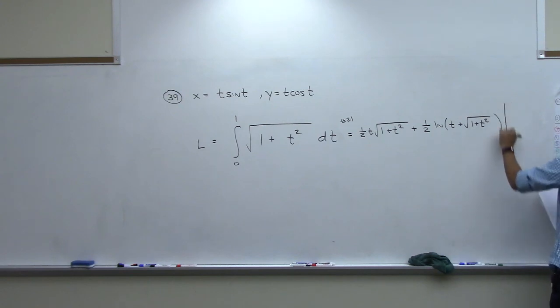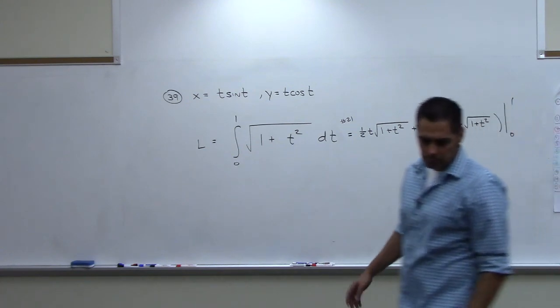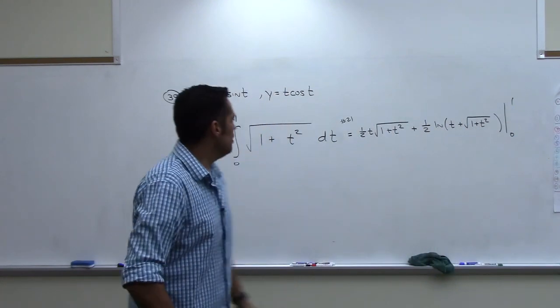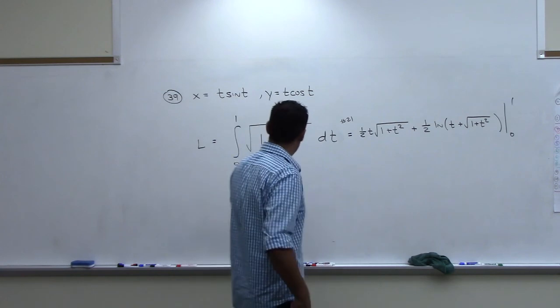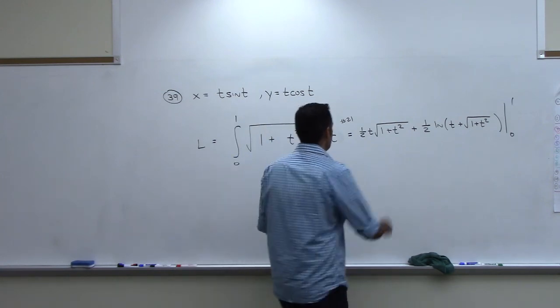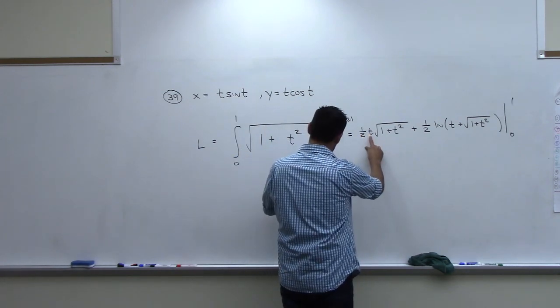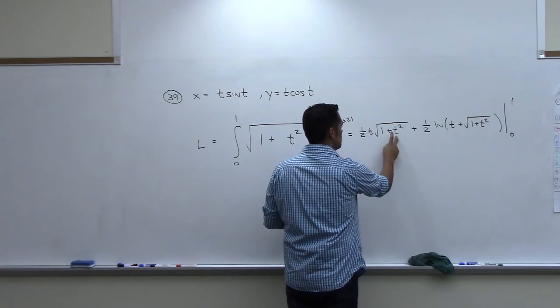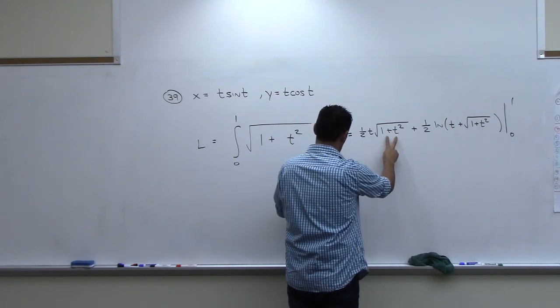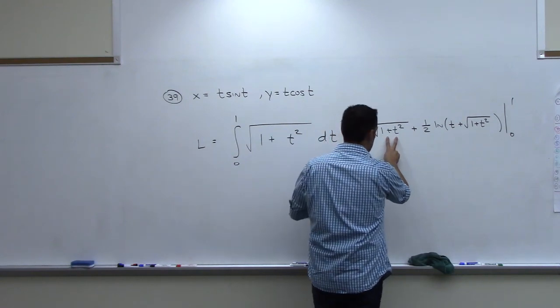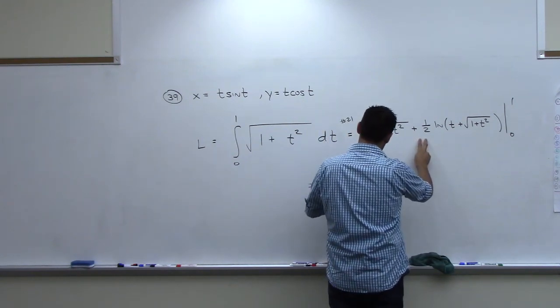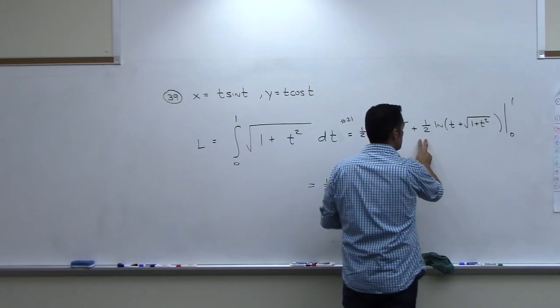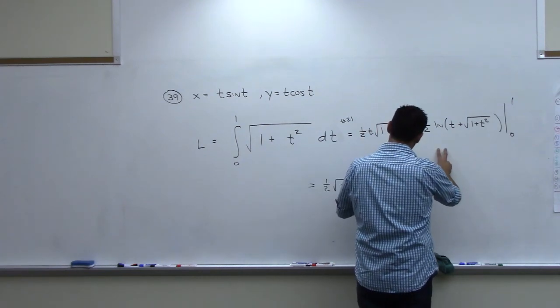All right, 0 to 1. That should be it. Plug in 1, and we get 1/2 square root of 2 plus 1/2 natural log of 1 plus root 2.